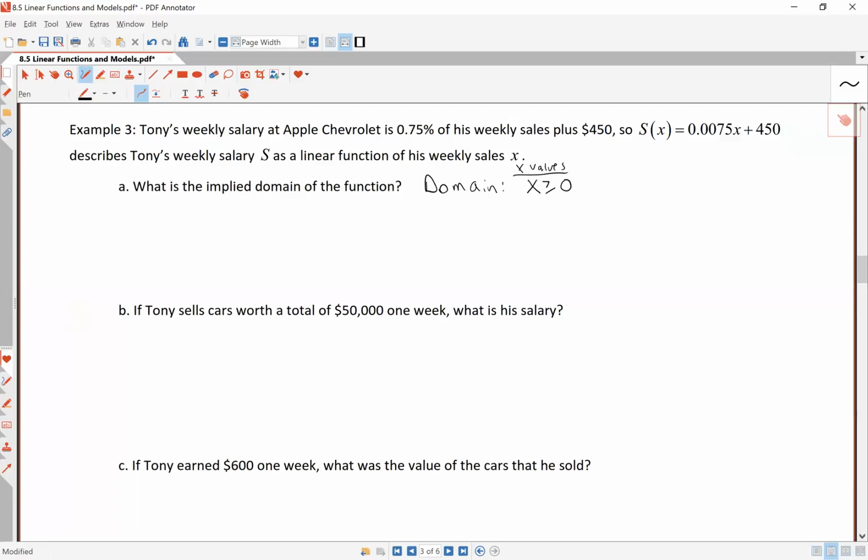Letter B, if Tony sells cars worth a total of $50,000 one week, what is his salary? So he sells cars worth a total of $50,000 one week for his company. That means x is 50,000.